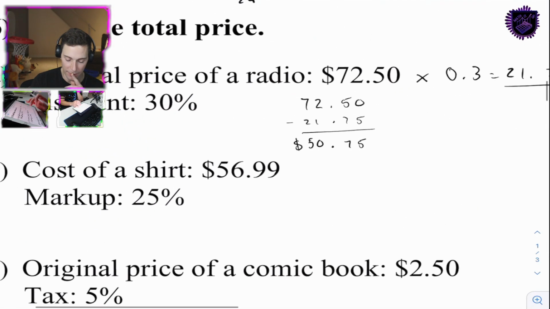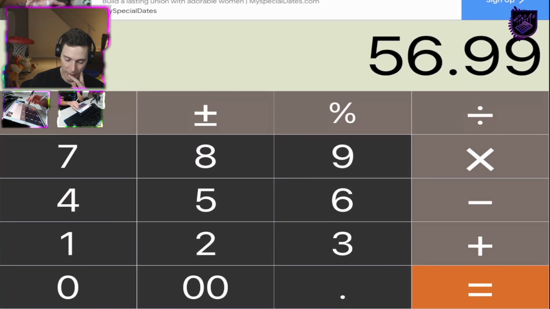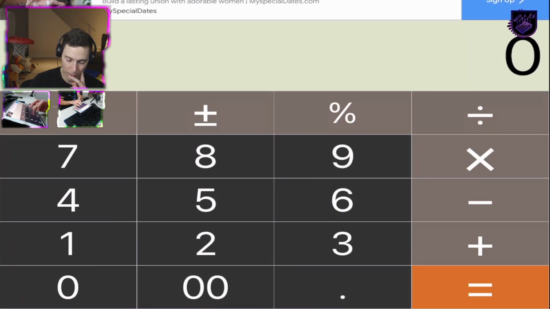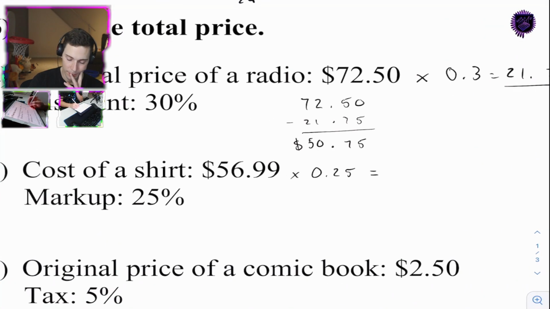Markup 25%. So let's calculate the 25% times 56.99 equals 14.25. 14.25 is going to be our markup. So then we'll go 56.99 plus 14.25.